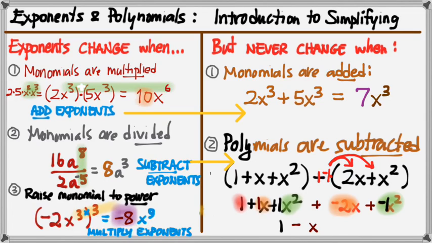But again, the most important thing when you look back at this is to remind yourself: when do I change exponents and when do I not change exponents? And in those cases where I do change exponents, how do I change them? All of what matters is what kind of arithmetic is happening to those monomials. In the case where we're multiplying, dividing, or raising a monomial to a power, their exponents change. But when adding or subtracting monomials or polynomials, one to another, the like terms combine, but the exponents remain the same at all times.